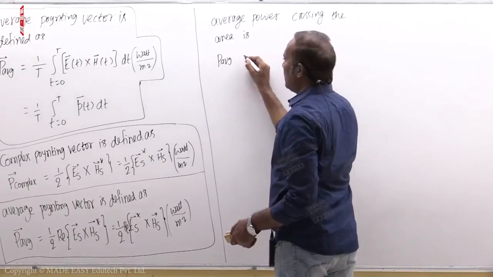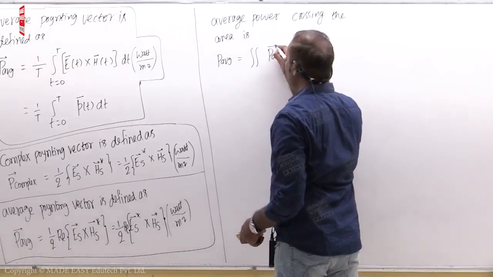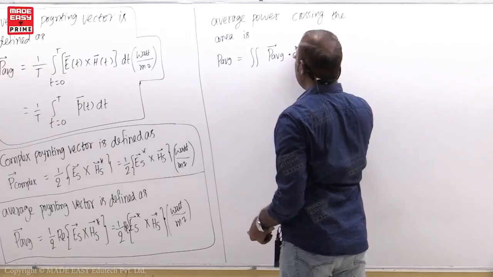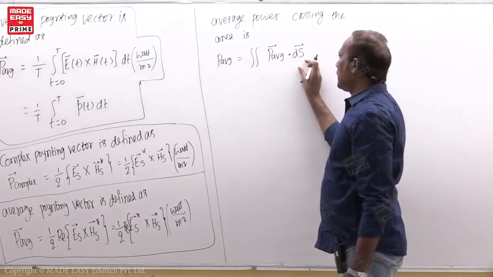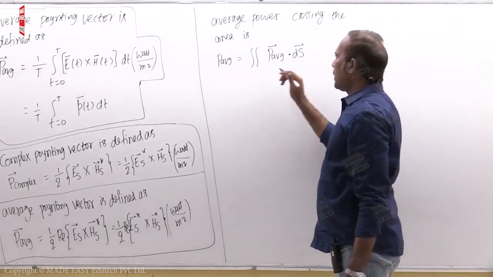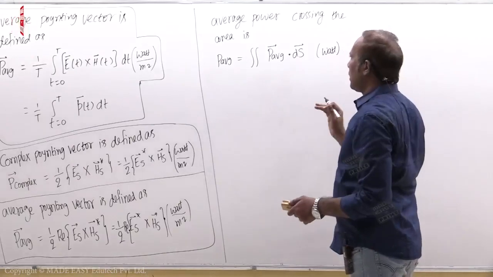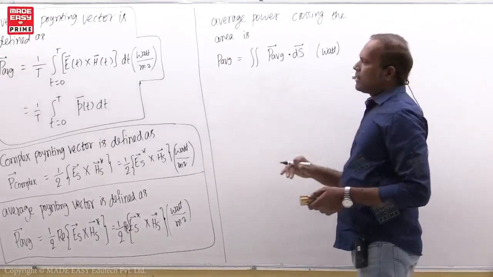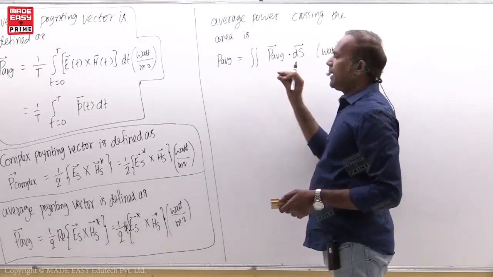Simply, average power is equal to the double integral of P_avg bar dot dS bar. So you can see here, this is watt per meter square. Multiply with meter square, you get watt, that is power. So this is average power crossing the area, or otherwise average power passing through the surface of some area.